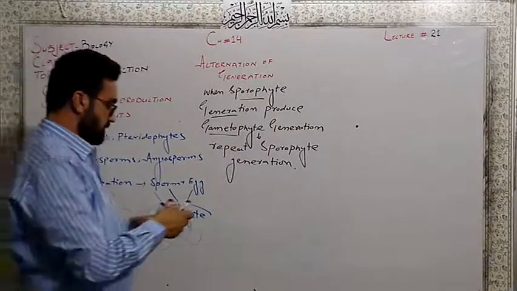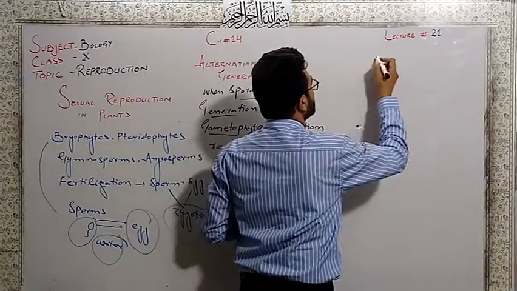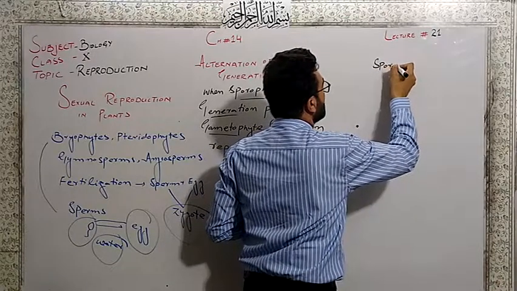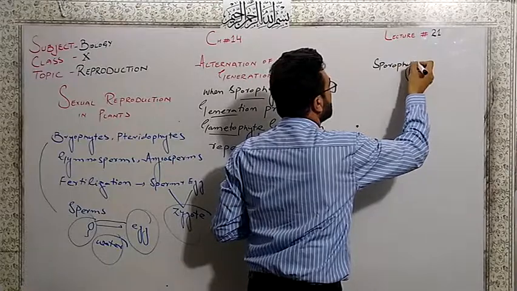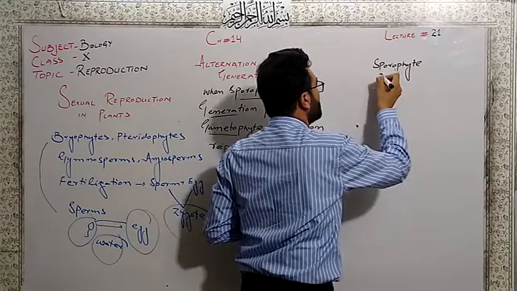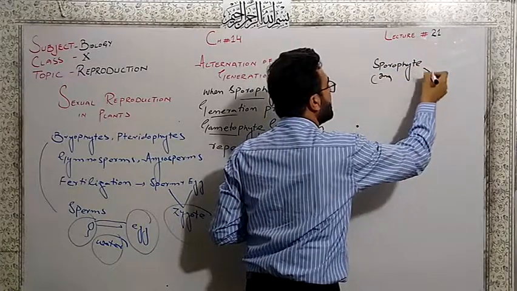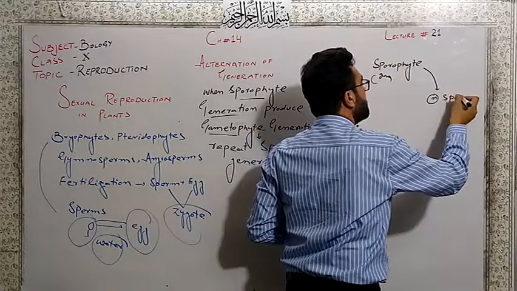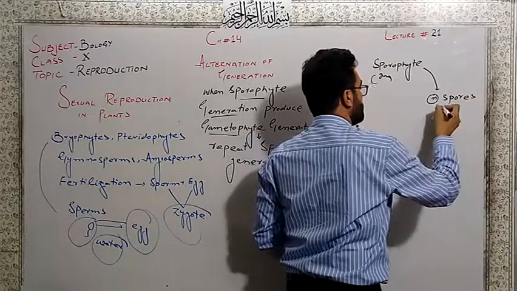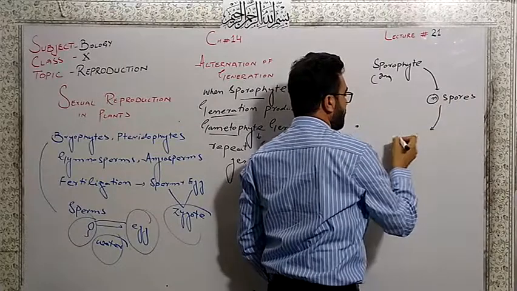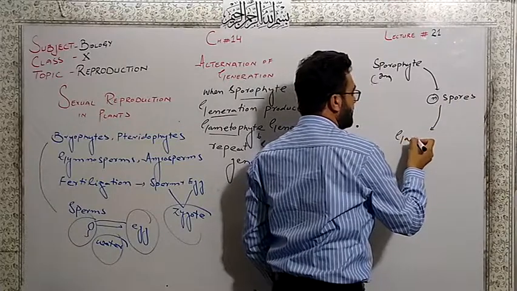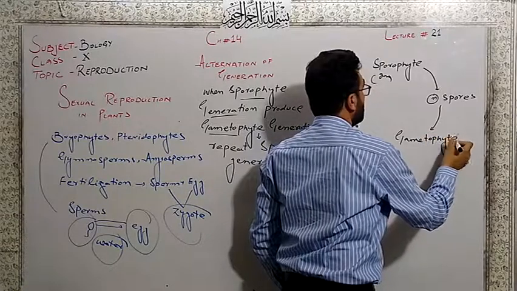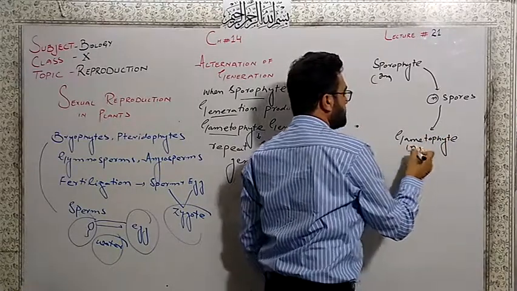My dear students, usually the sporophyte generation, which is the diploid generation, produces haploid spores. These haploid spores, when they germinate, produce the gametophyte generation, which is haploid.